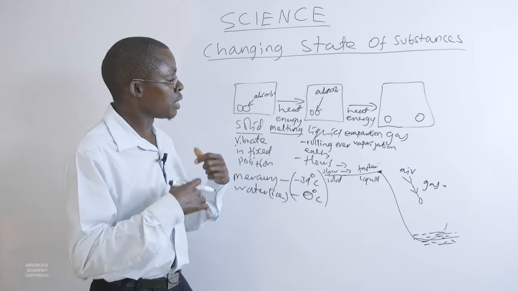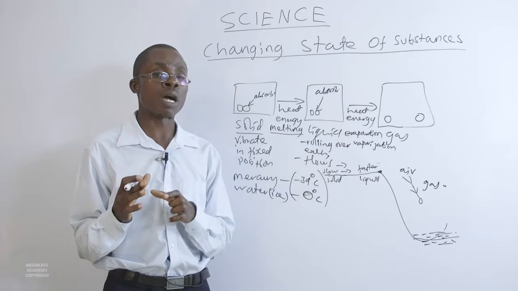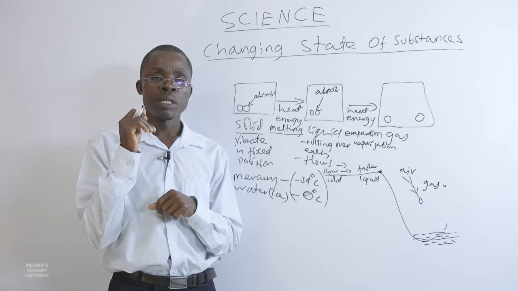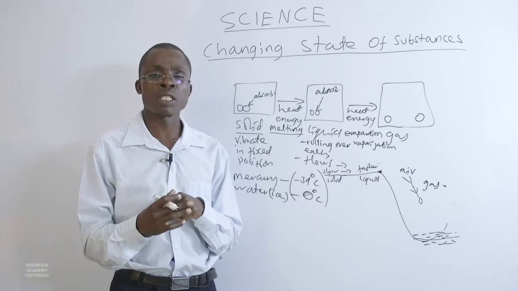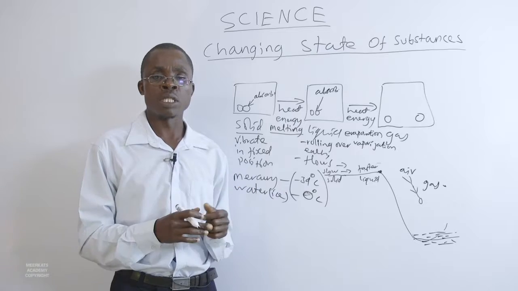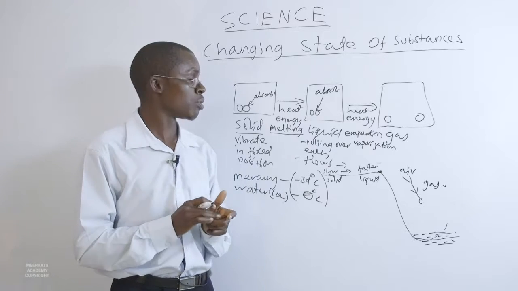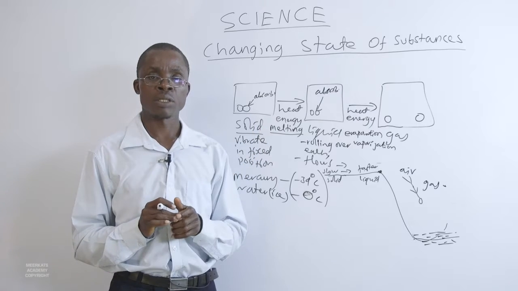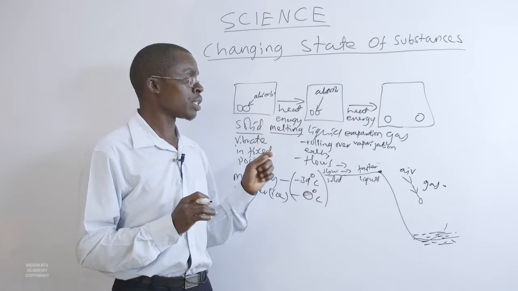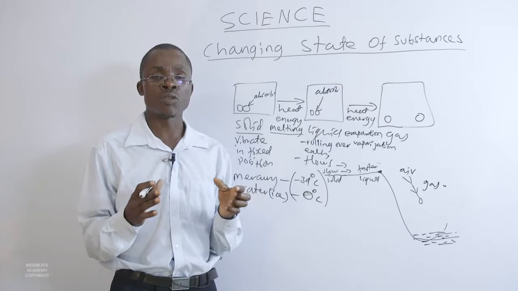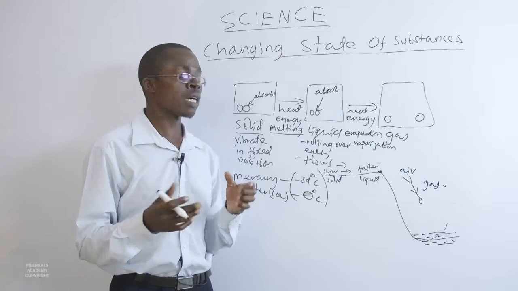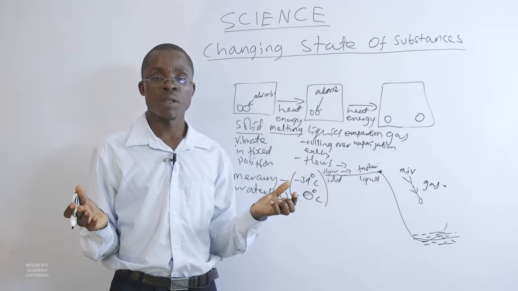I've just said the state of changing from a liquid to a gas is vaporization. But we always associate vaporization with the boiling point. Then what is the difference between vaporization and boiling point? Vaporization is just that state of changing from a liquid to a gas, which can take place at any temperature.